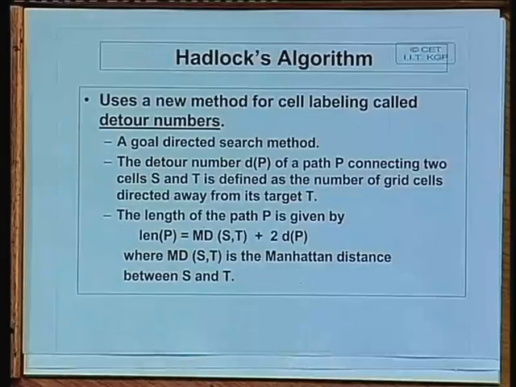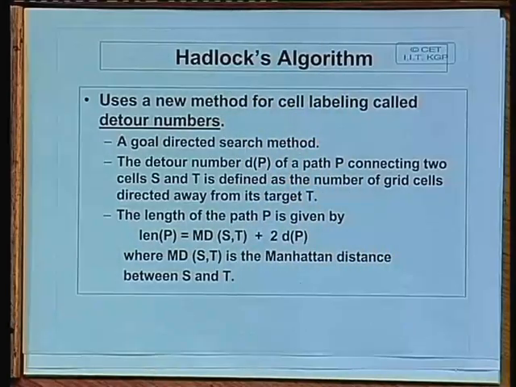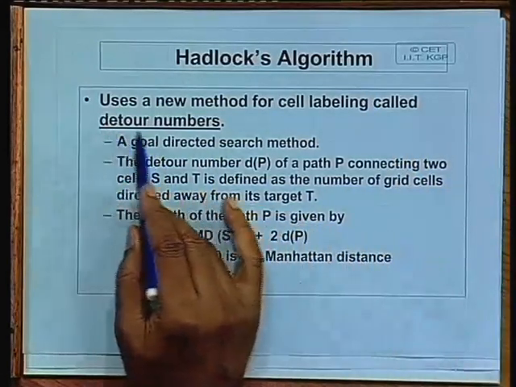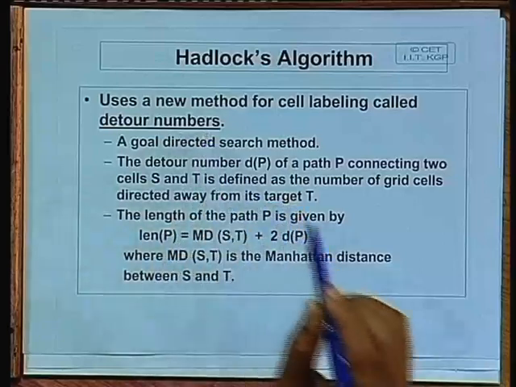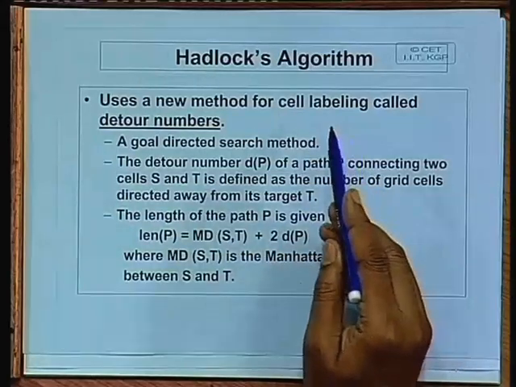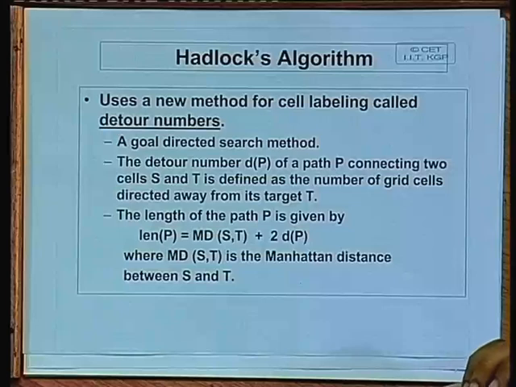This algorithm is called Hadlock's algorithm, after the person who initially proposed it. In Hadlock's algorithm there is a concept of detour numbers, and we label the cells not by their distance from the source, but by the so called detour numbers.